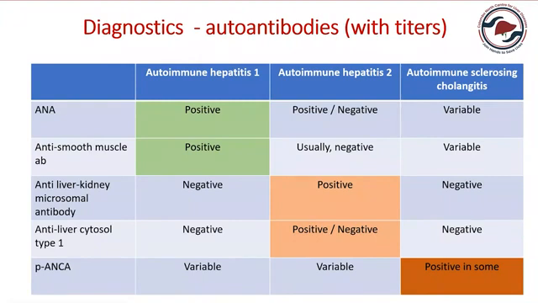In sclerosing cholangitis, the characteristic thing is pANCA positivity. However, it's not specific. So this is the antibody profile we may consider doing if we have a suspicion about autoimmune liver disease. And it's very easy if you have anti-liver kidney microsomal antibody or anti-liver cytosol type 1, which would put you under autoimmune hepatitis type 2 category. In the absence of that, mostly it's autoimmune hepatitis type 1.